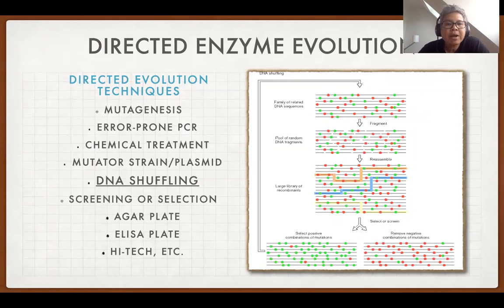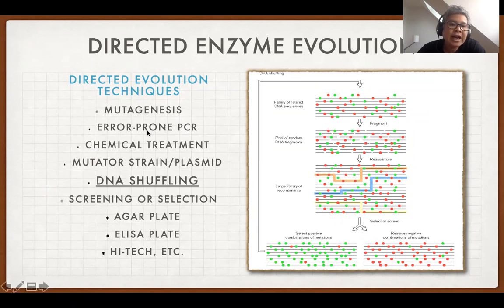When I first started my laboratory 20 years ago in Thailand, we didn't have that much money. My lab is very small, so I started with a simpler technique, which just used selection screening on a plate, which I will show you later. And I decided to use the DNA shuffling technique. It was very powerful then.